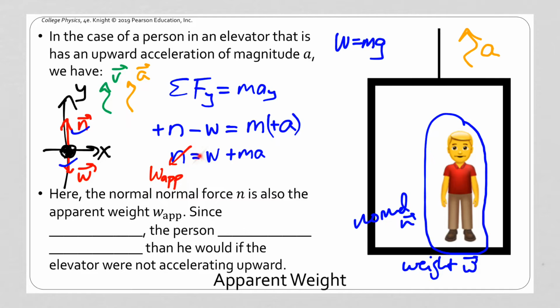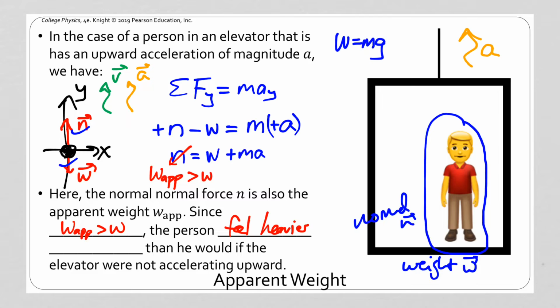So his apparent weight is going to be his regular weight plus some extra, so it's bigger than it usually is. And thus this person is going to feel heavier while they're accelerating upwards in the elevator. Basically, their apparent weight is going to be greater than their actual weight, and so this person is going to feel heavier.